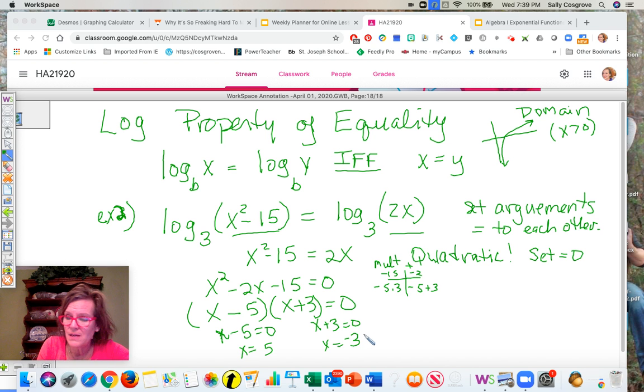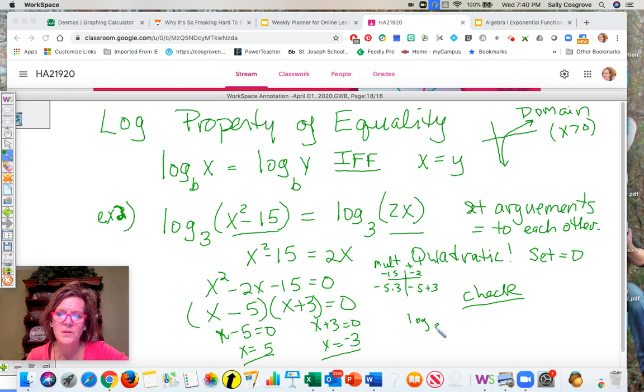So that's something to think about when I go in and check my work. Let's check our answers by plugging these values back in. The log base 3 of 5 squared minus 15: 5 squared is 25, 25 minus 15 is 10, equals the log base 3 of 2 times 5, which is 10.